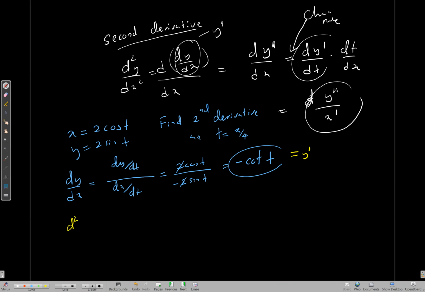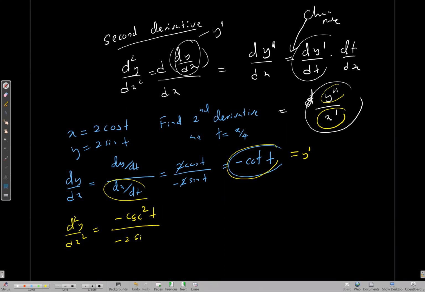Now d squared y by dx squared is going to be y double prime. So you differentiate negative cotangent t once again with respect to t, and you get negative cosecant squared t divided by x prime. You already found that right here, negative 2 sine t.